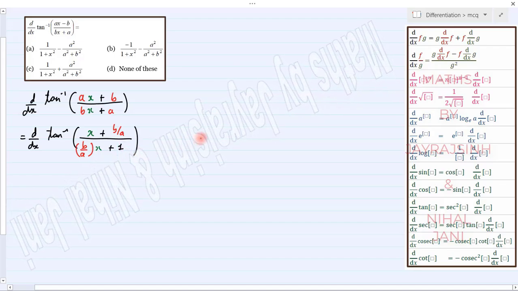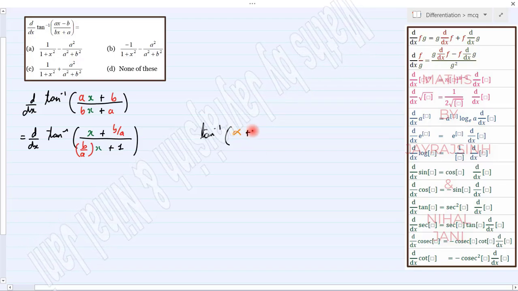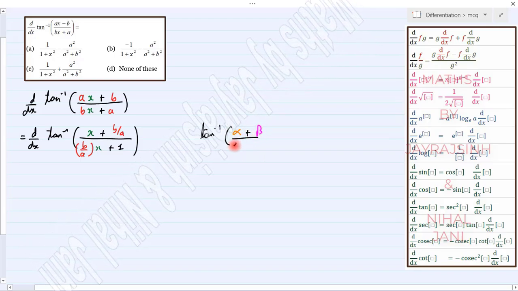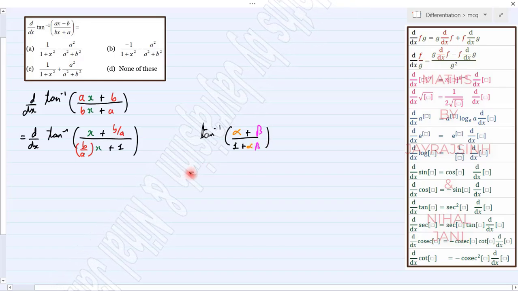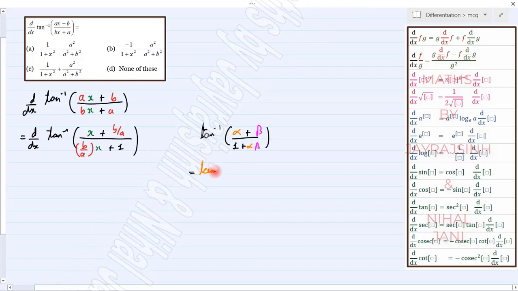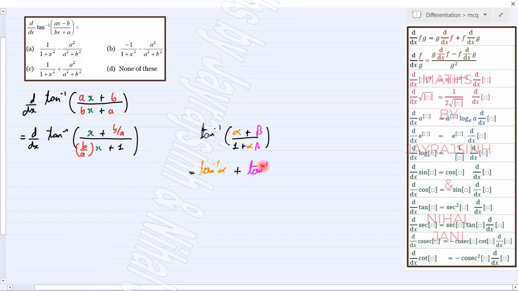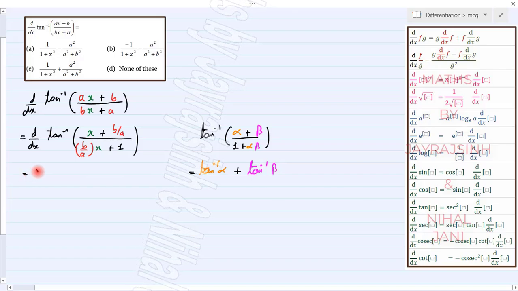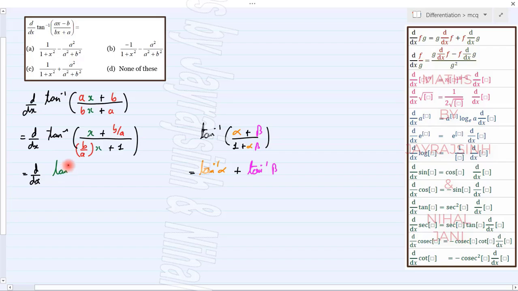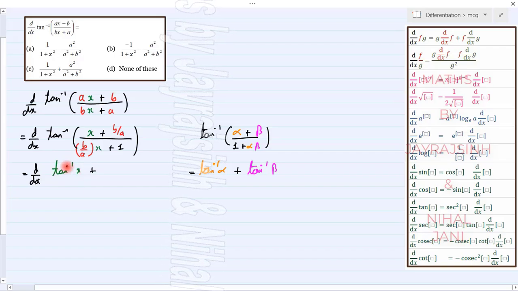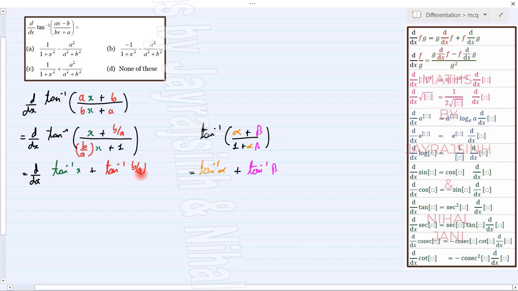So here we get the formula of tan inverse of (alpha minus beta) upon (1 plus alpha beta), which can be simplified into tan inverse of alpha minus tan inverse of beta. So here we have to differentiate tan inverse of x minus tan inverse of b by a.